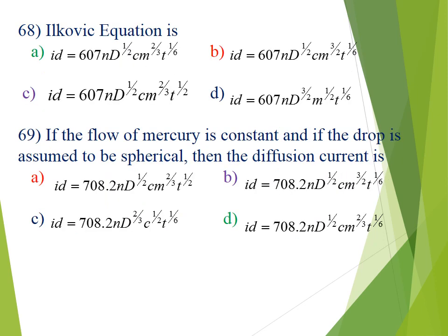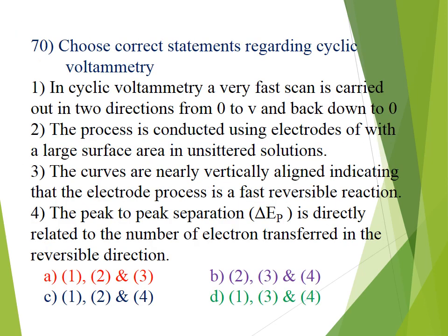Question number 68. Ilkovic equation is, the correct option is A, ID equal to 607 n D power half C m power 2 by 3 and t power 1 by 6. 69. If the flow of mercury is constant and if the drop is assumed to be spherical, the diffusion current is, option D, ID equal to 708.2 n D power half C m 2 power 3 t 1 power 6. Option D is correct.